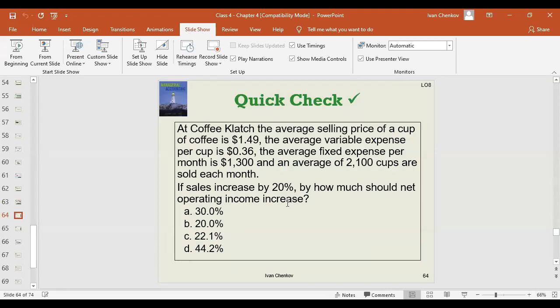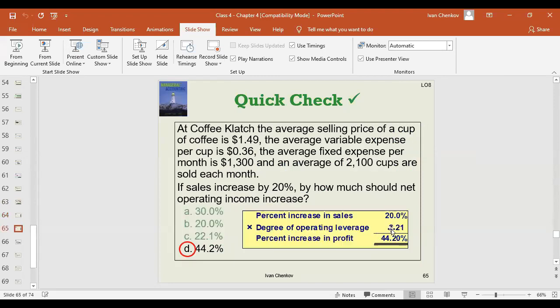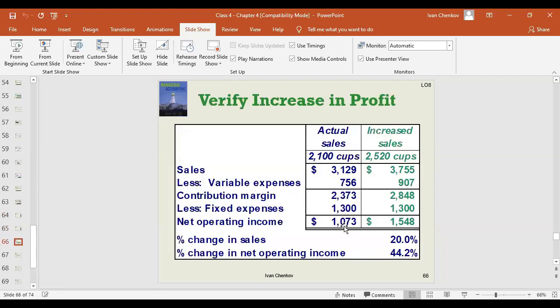It will increase by 44.2%. We use 20% times 2.21, which gives you 44.2%. So this is the calculation that verifies that a 20% increase in sales generates a 44.2% increase in operating income.